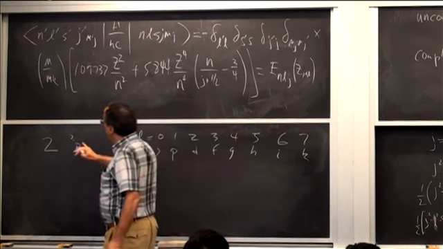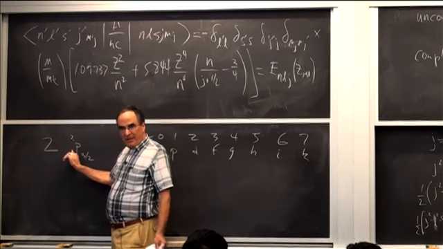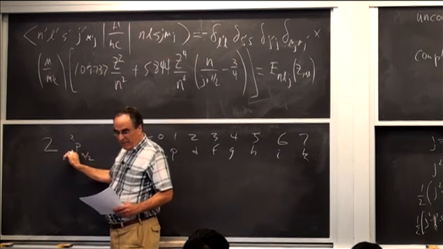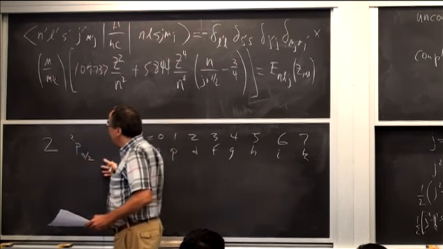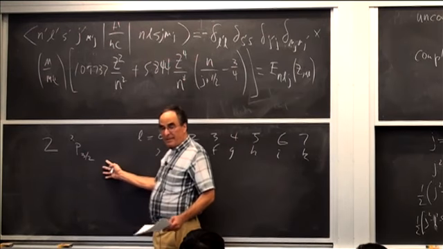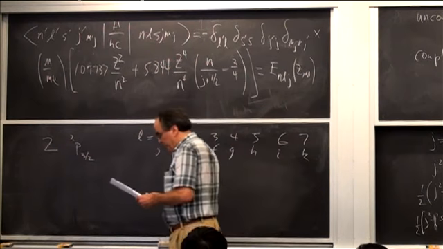We generally use lowercase letters for one electron, and uppercase letters when there's more than one electron. And so this is enough to completely specify a state.